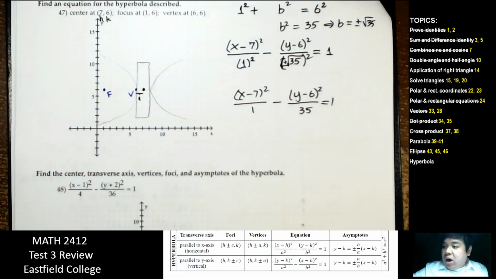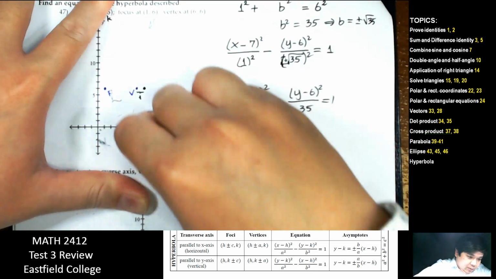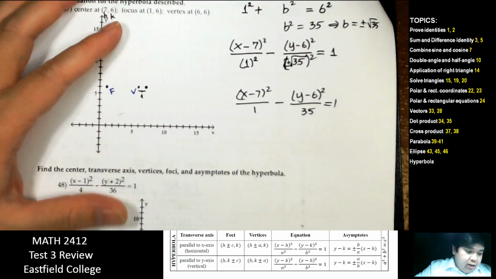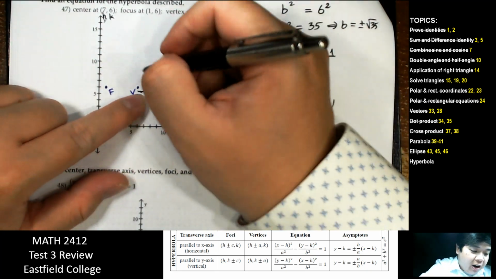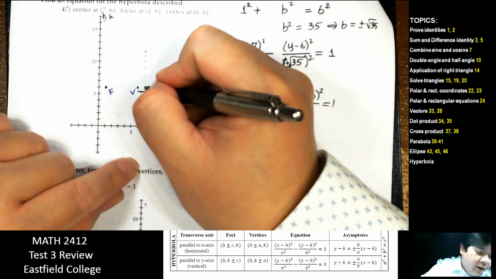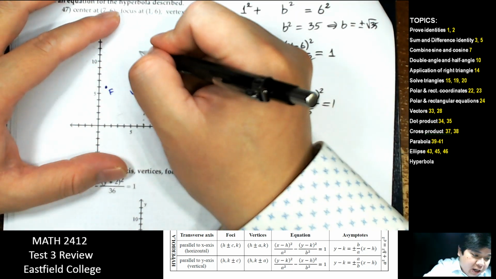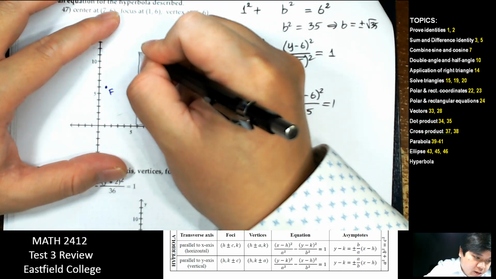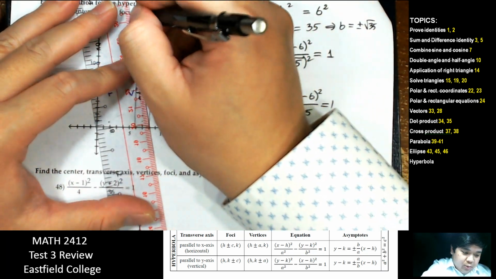So if we want to graph it exactly, first we have the center. We go one left, one right, and then square root of 35 up, and square root of 35 down. So we kind of have the box like this. Next, we will draw the diagonals for the asymptotes.